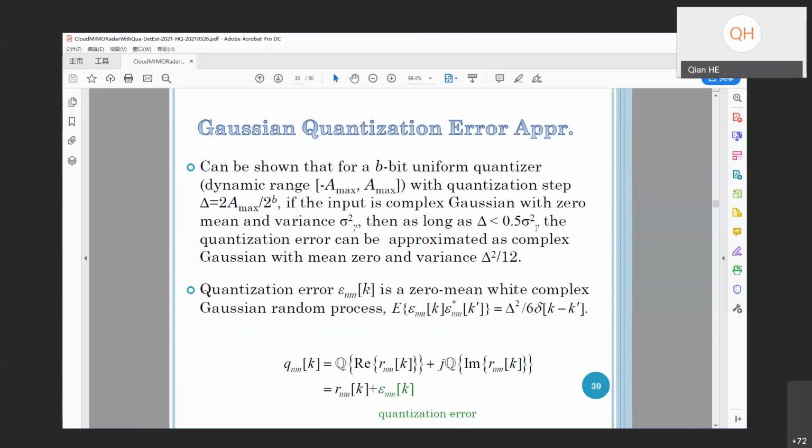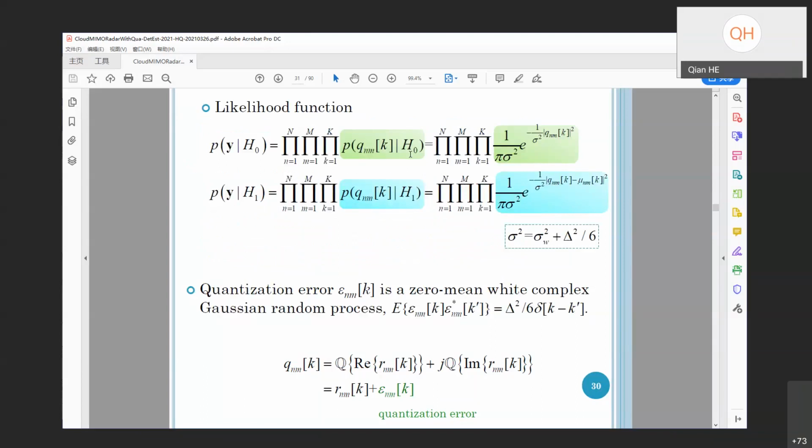So we can carry on the further analysis, and we can skip the details. It turns out in this case, you can very easily write down the distribution of the quantization output because it's Gaussian, right? Gaussian plus Gaussian gives you another Gaussian. You know how the PDF of Gaussian looks like, so you can have the likelihood ratio in a very simple form, right? So you have the likelihood function for the H0 and H1 hypothesis.